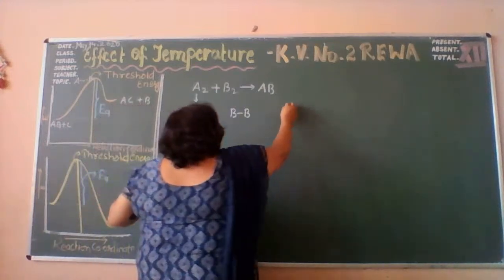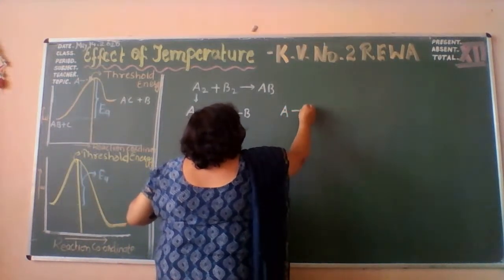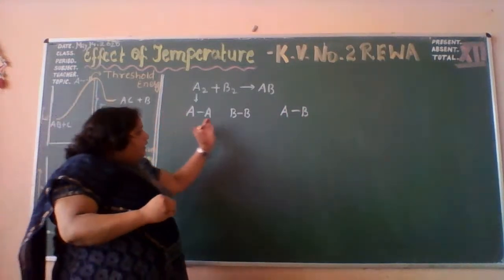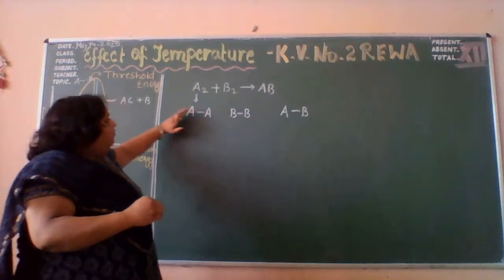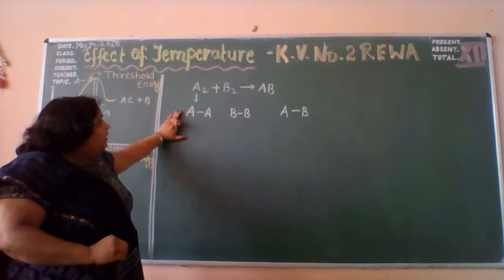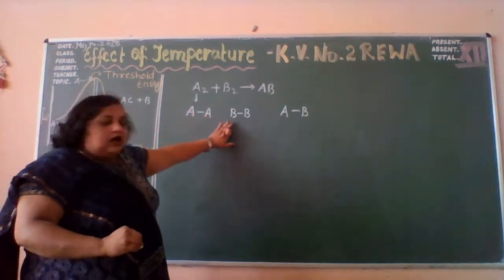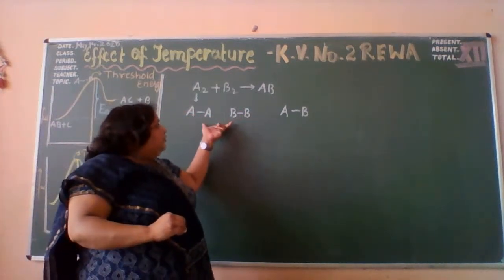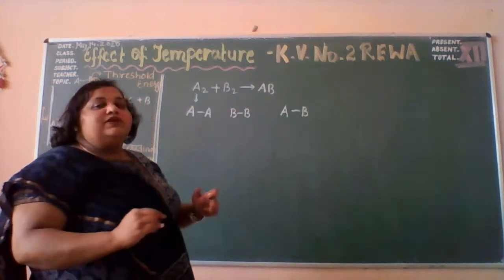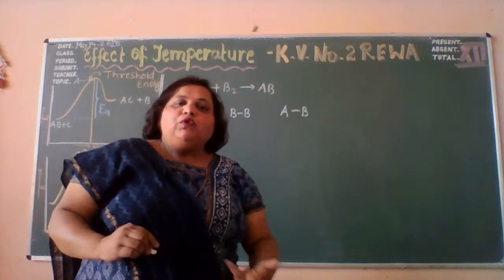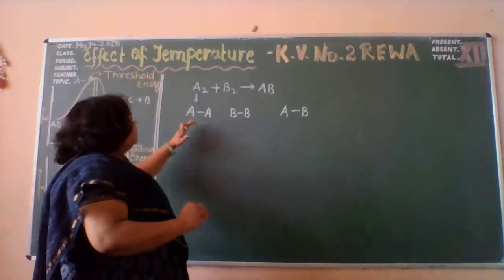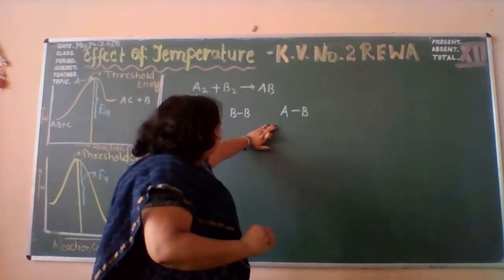And the new bond that is to be formed is the bond between A and B. And when can this bond be formed? Only if the existing bonds are dissociated, right? When this A and B become free, then they are going to combine together to form AB. That means a chemical reaction always involves two things. First is the dissociation of bonds and the second is the formation of bonds.